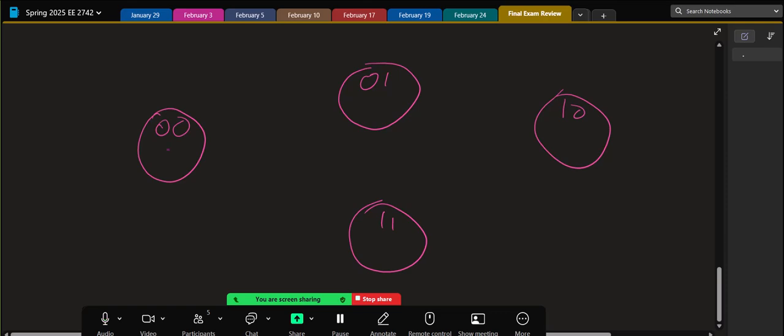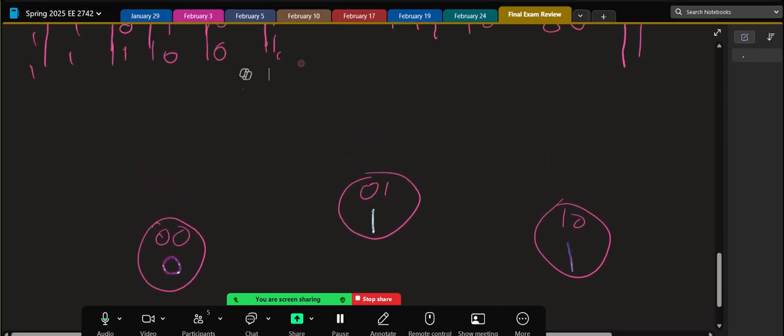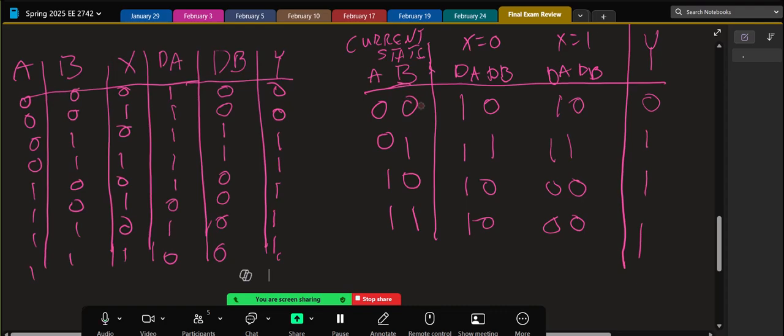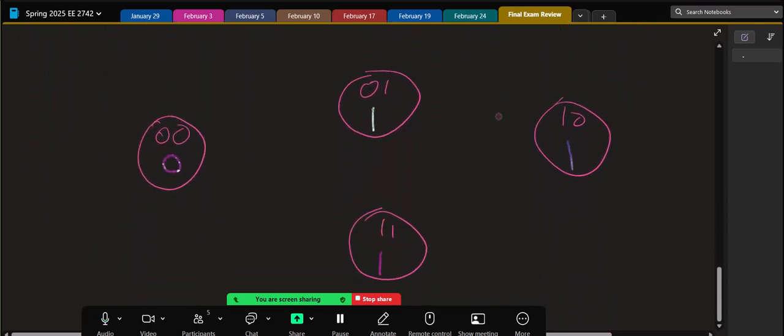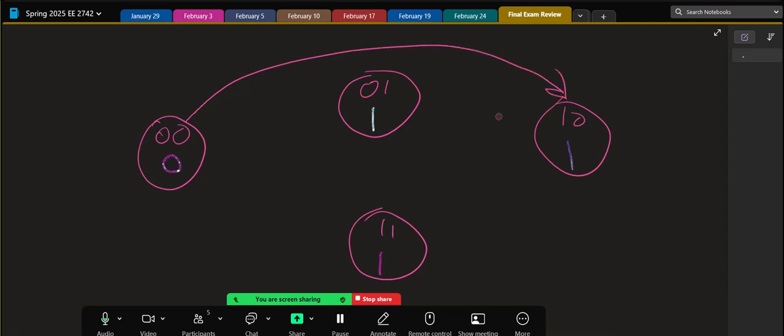So I think this one was 0 and the others were 1. And state 0, 0 always went to state 1, 0. So you don't have to put anything on that because that's it.